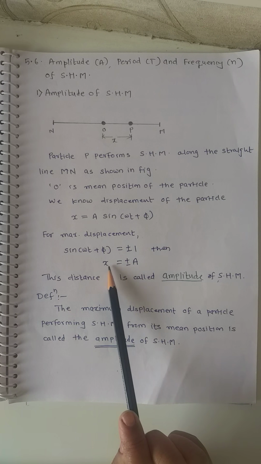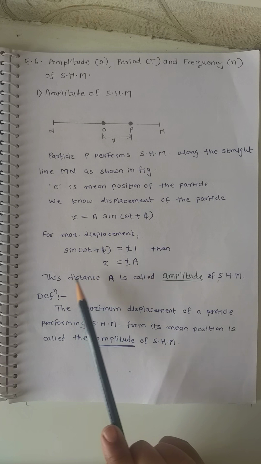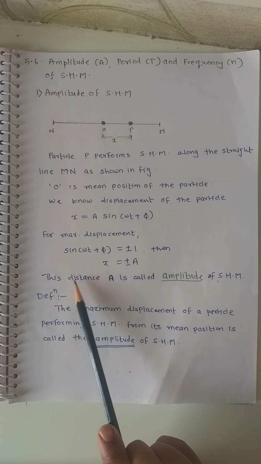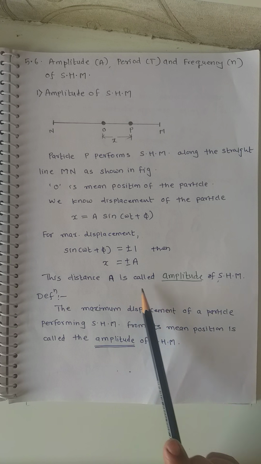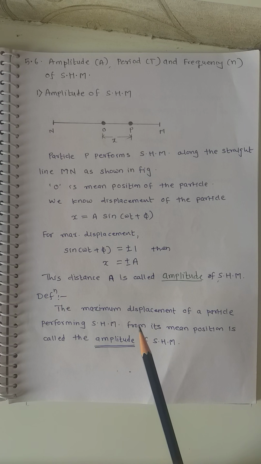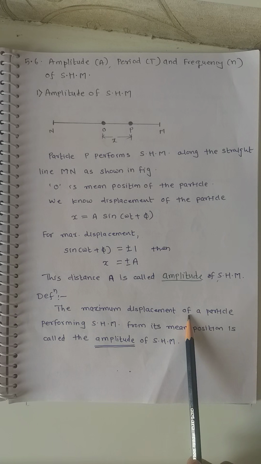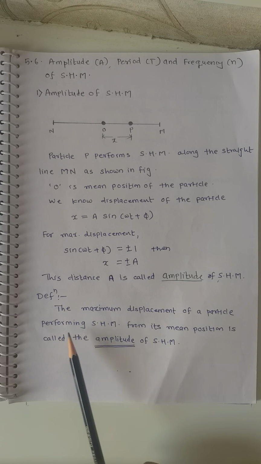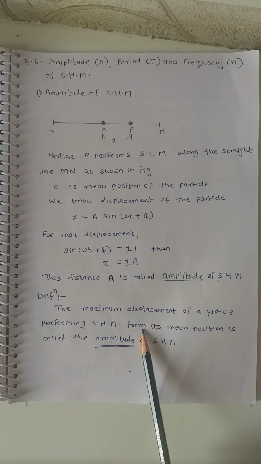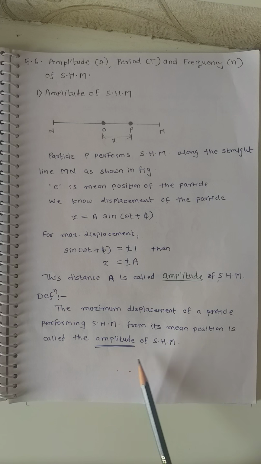This x is equal to a is the maximum distance, and this distance a is called the amplitude of the SHM. The maximum displacement of a particle performing SHM from its mean position is called amplitude of SHM. Notation is capital A for amplitude.